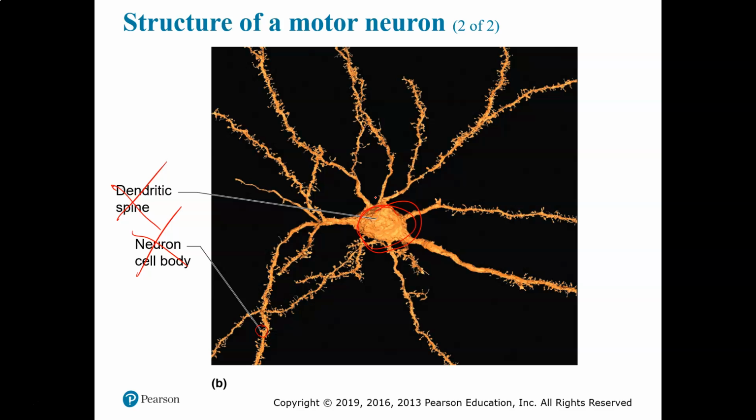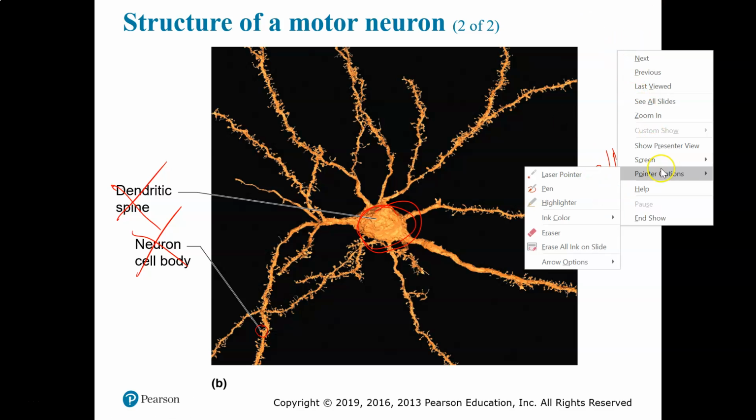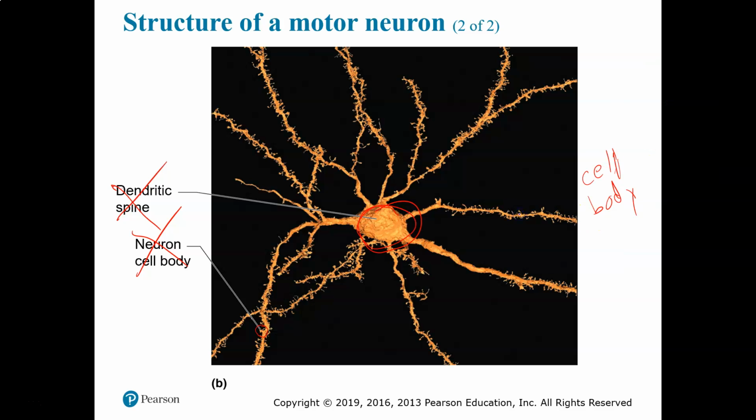This part is the neuron cell body. And then all of these extensions, I'll just use a different color, make sure it's clear. We'll use purple. All of these extensions along here are dendrites, dendritic spines, dendrites. Dendrite is fine.